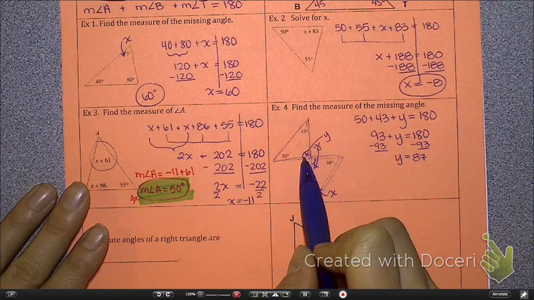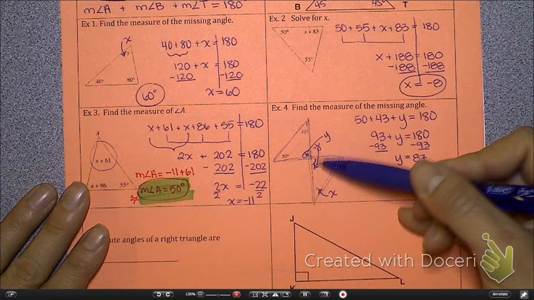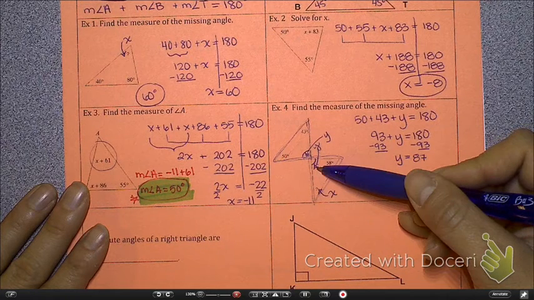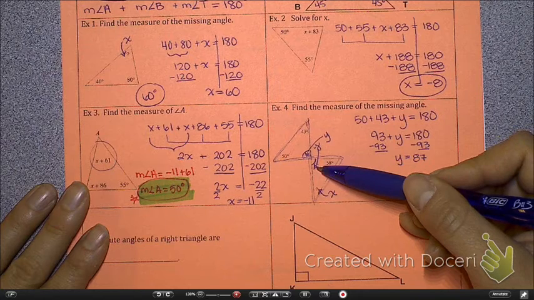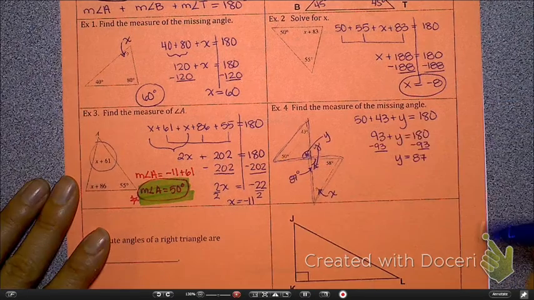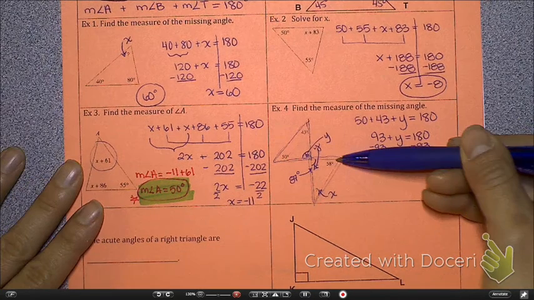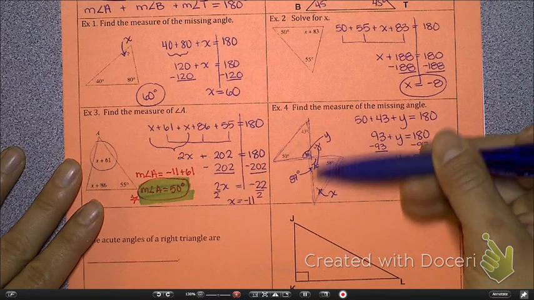And you told me it's a vertical angle with this one, so this one is also y, it's the same, right? This is 87. So now that I know that this over here is 87, how can I now find x? Use this triangle, right, to find x.